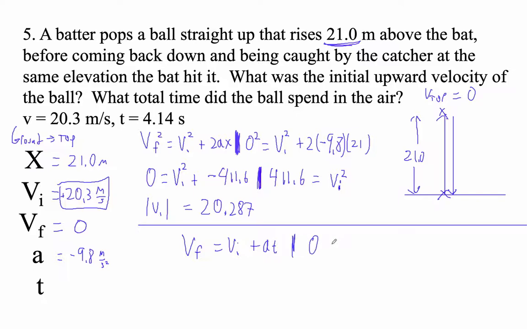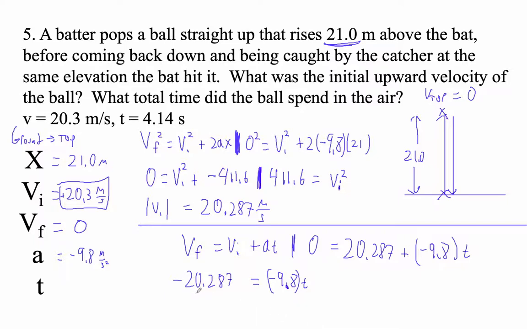So 0, our final velocity, equals 20.287. Notice I'm not using the rounded value. I'm going to use the exact value, right? Plus negative 9.8 times the time. All right. So then that becomes negative 20.287 equals negative 9.8 times the time, right?